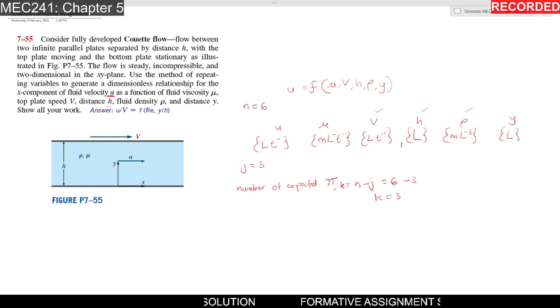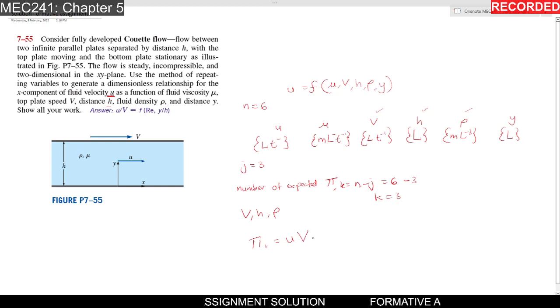Okay, so we list down what we chose: V, h, and density. Okay, so for pi 1, we put u, because it is a function of u, V, density, and h.